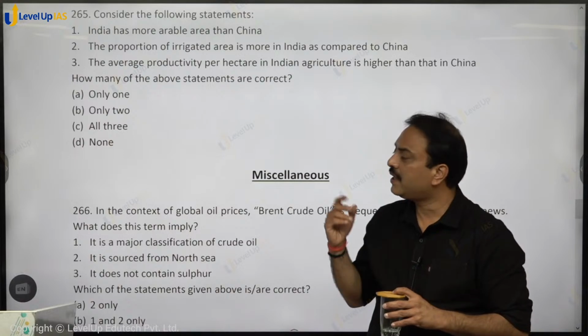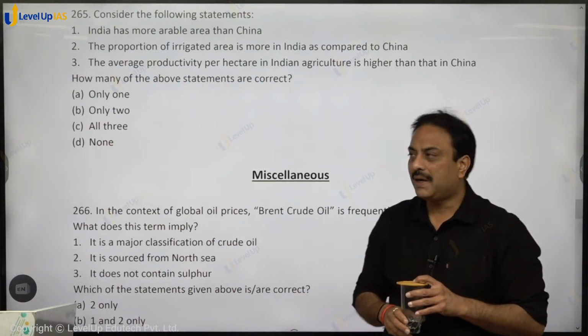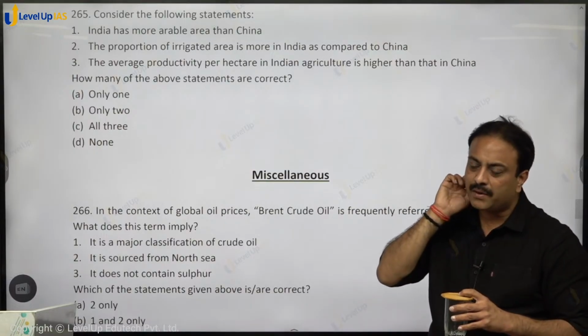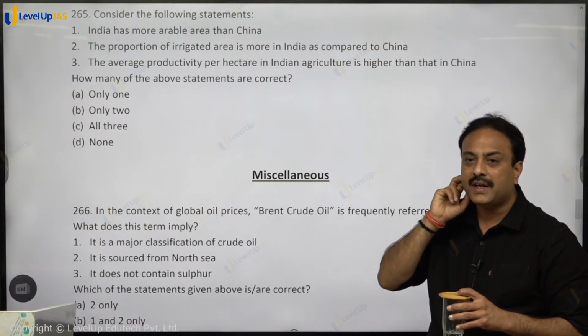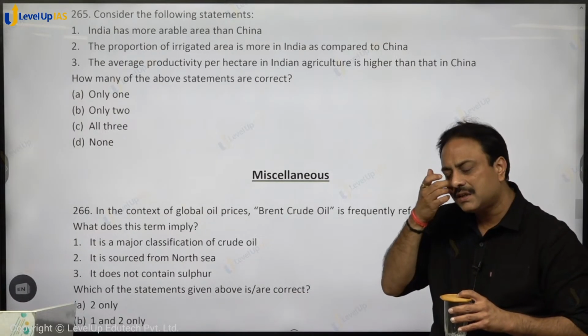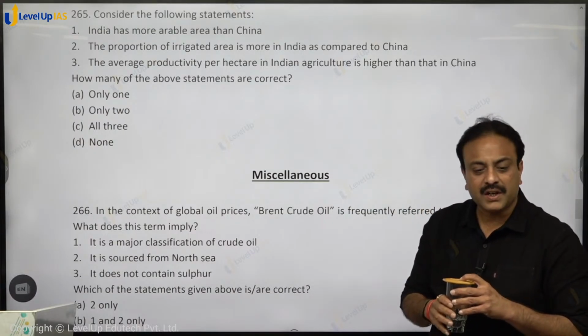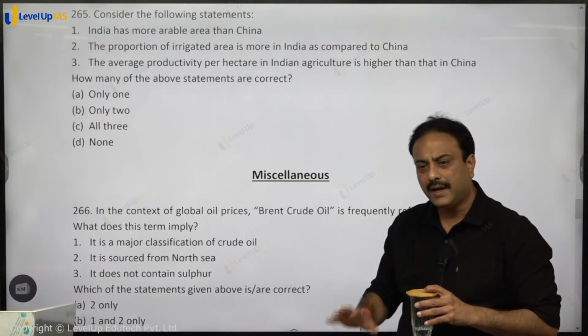If it had been written for crops, it would have been correct. But if we talk about the complete area, then this will be wrong, because China is the third largest country of the world and India is the seventh largest. The total area in China is very high as compared to India.